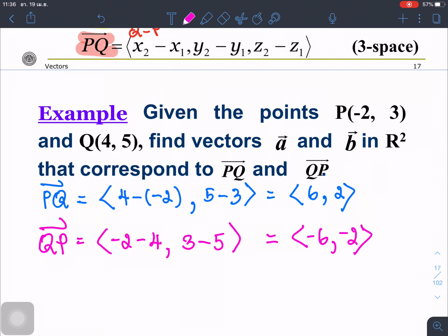So you can see PQ is the negative of QP and vice versa, right? They are opposite vectors to each other. PQ and QP have the same slope or gradient if you draw it on the plane, but the directions are opposite to each other. Okay.